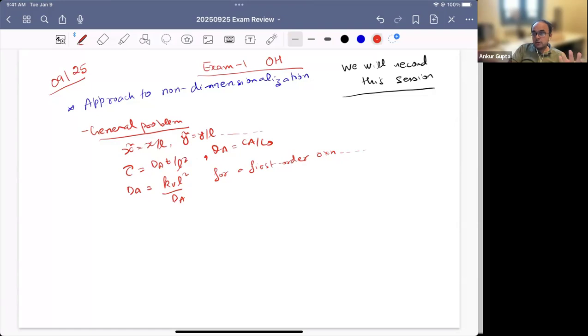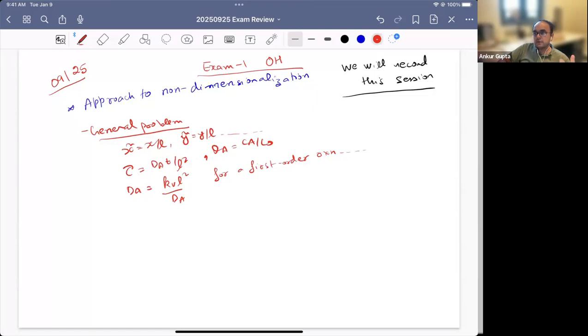Now, this is only going to convert an ODE into an ODE or a PDE into a PDE. For the purpose of the exam, I don't believe there will be any question where we will not provide you how to non-dimensionalize. Based on the information provided, you can figure out how to rearrange your equation and non-dimensionalize it.